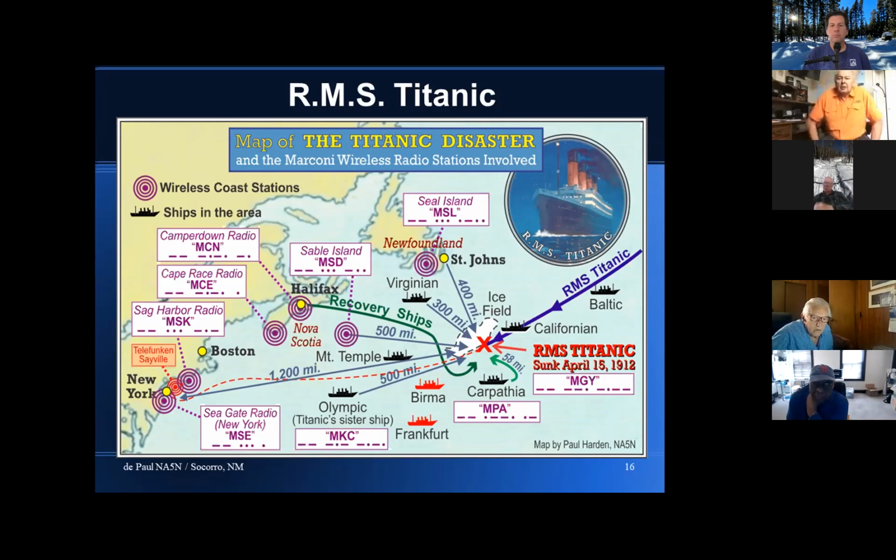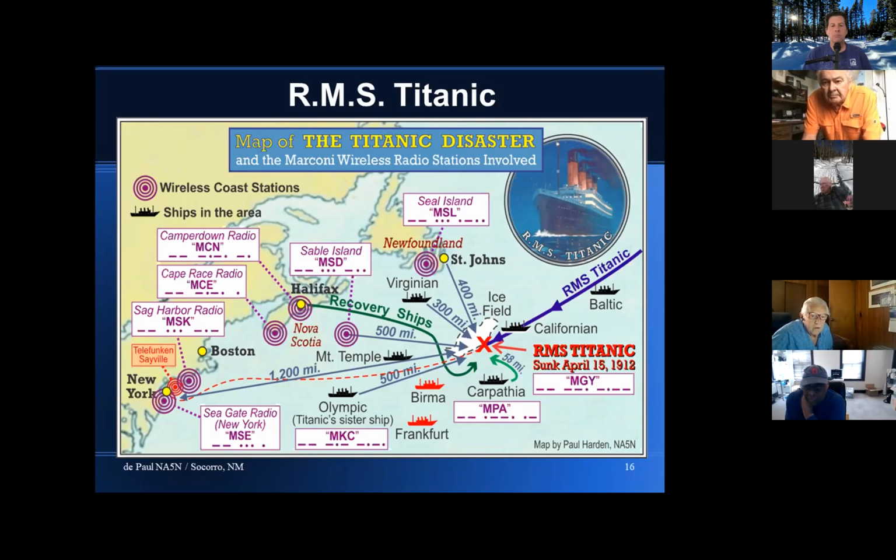Its sister ship, the Olympic, is 500 miles away. The Olympic did hear the SOS and did contact the Titanic. They were in communication, but it was 500 miles away. It was literally days away.